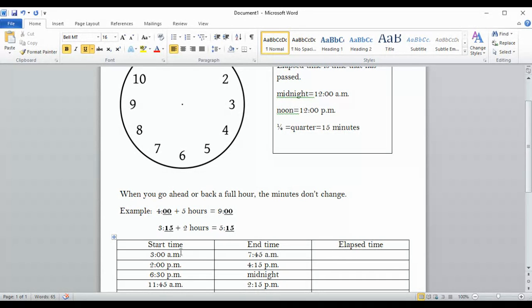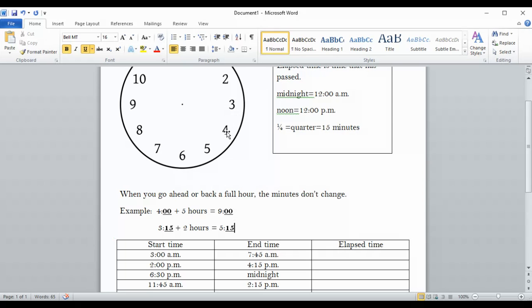So if I say I woke up at 3 o'clock in the morning, 3 o'clock a.m., because I had a bad dream, and then I thought, oh my goodness, I have to get up at 7:45 a.m. How much time passed between the time I woke up and the time I had to get up? So this is what I like to do. I say, okay, it's 3 o'clock right now. I'm going to go ahead, 3 o'clock.